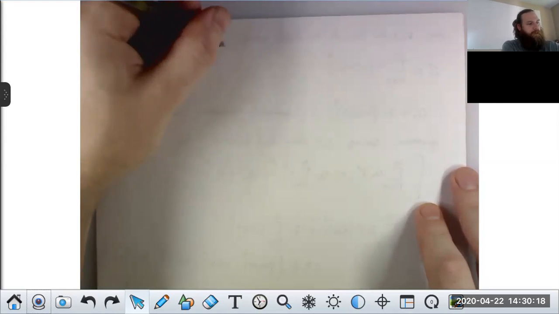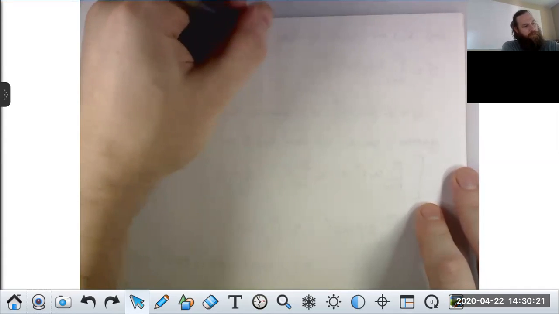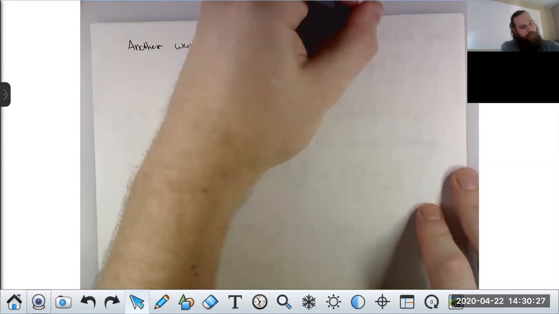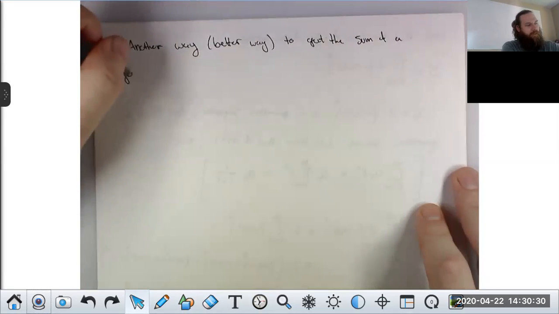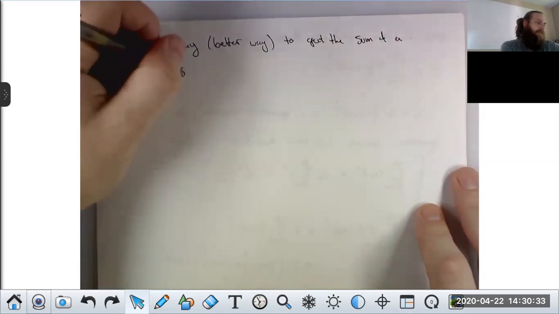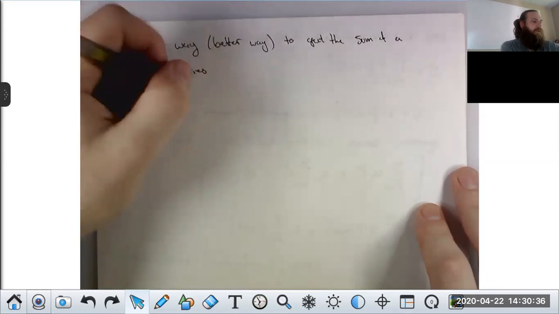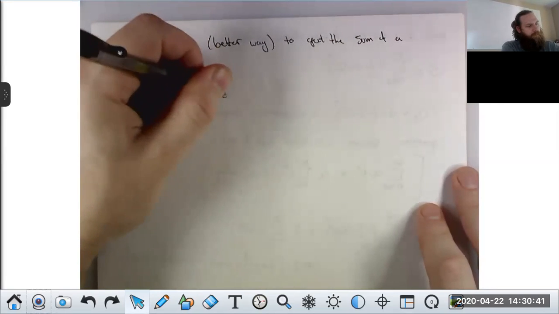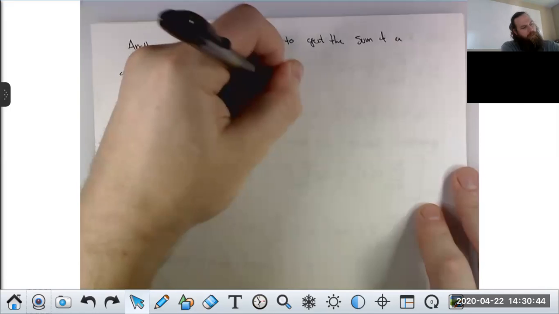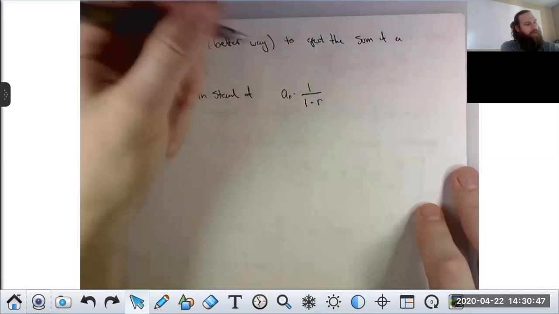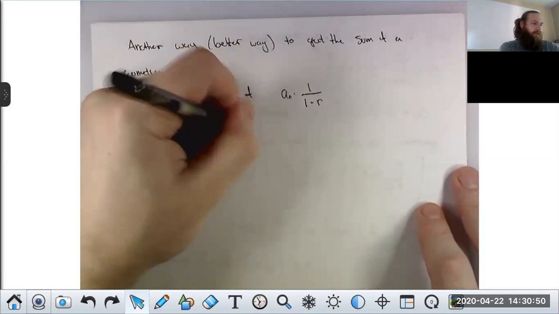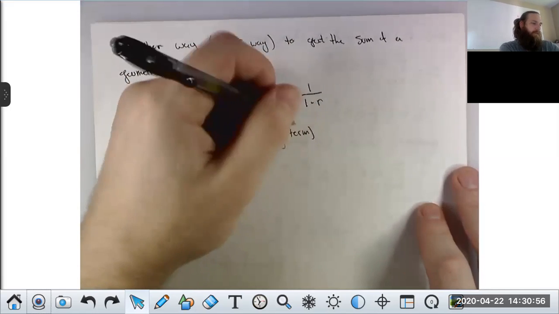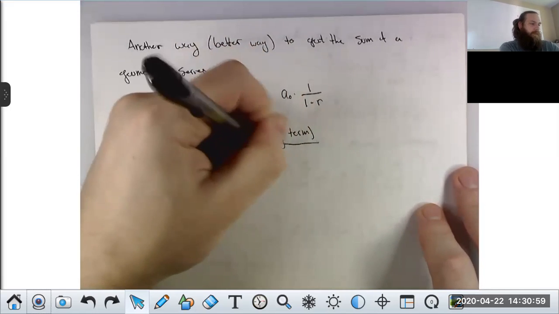And really, this is the better way. Instead of a naught times 1 over 1 minus r, use this.